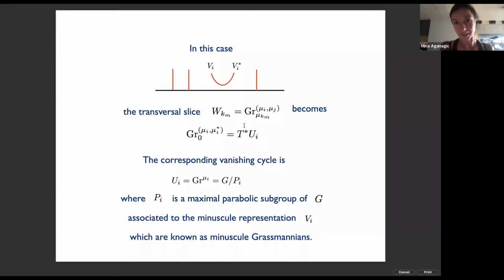I don't quite have enough time to review all the notation from last time, hopefully you can look back, but it's a minuscule Grassmannian where P here is the maximal parabolic subgroup of G associated to the minuscule representation V. This is just a very well-known calculation, and it shows that this particular monopole moduli space is a cotangent bundle to a minuscule Grassmannian. You can find it, for example, in the literature on the Langlands correspondence.